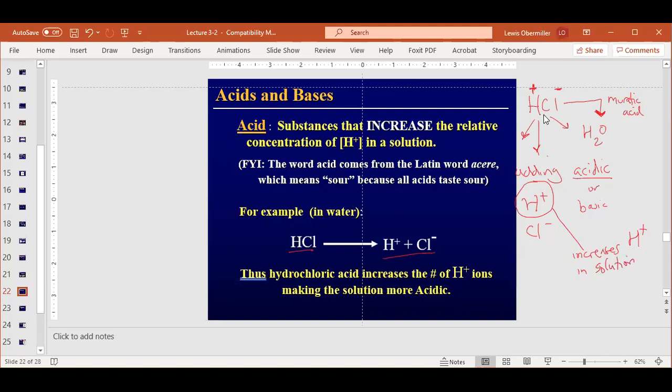And so by pouring hydrochloric acid into water, we're increasing H pluses. So the number of hydrogen ions in the solution increases. That makes it more acidic. Does that make sense? Yeah. Okay, cool.